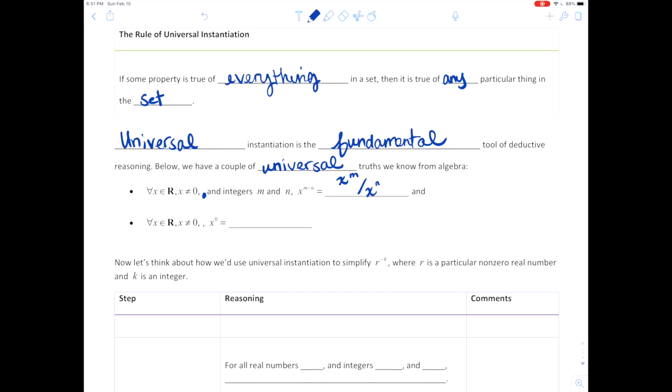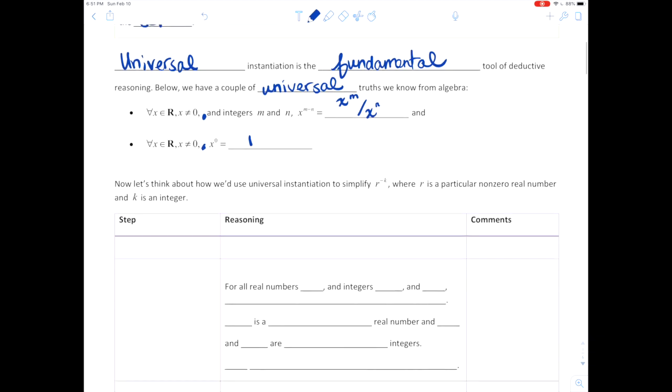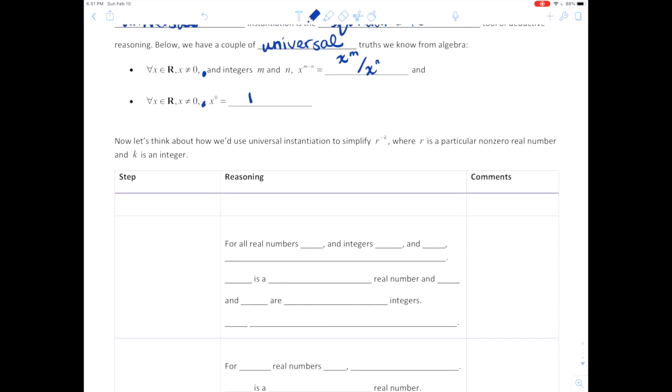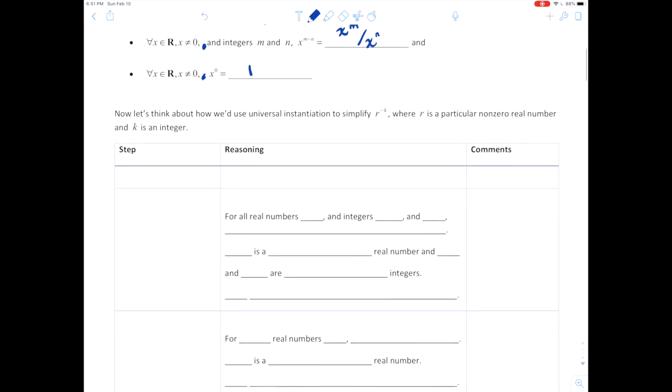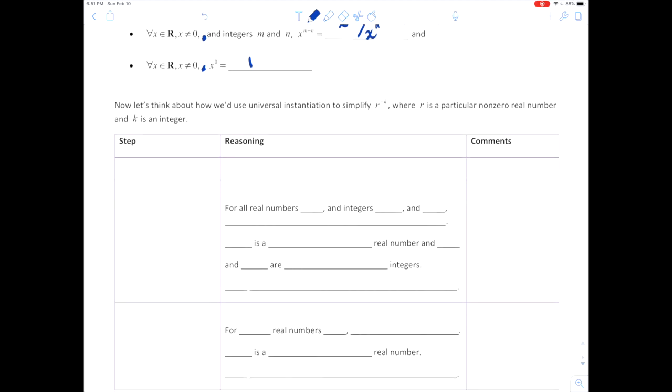And for any x belonging to the real numbers, x not equal to 0, x to the 0 is equal to 1. Now let's think about how we'd use universal instantiation to simplify r to the negative k, where r is a particular non-zero real number and k is an integer.